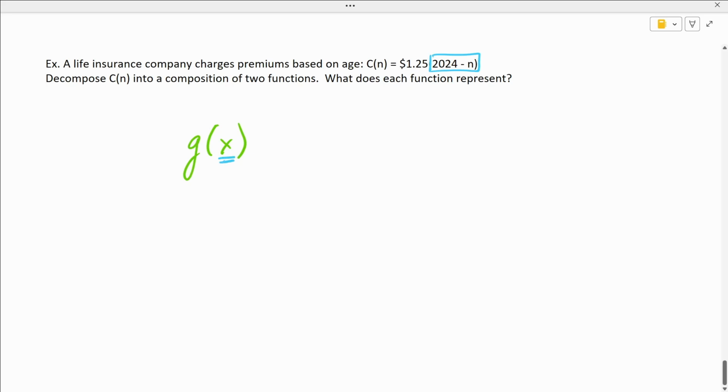My input to g is blue, and is going 1.25 times that input. Okay, now what does the blue part look like? That would be our other function, f of, I guess I should use n. f of n is 2024 minus n.